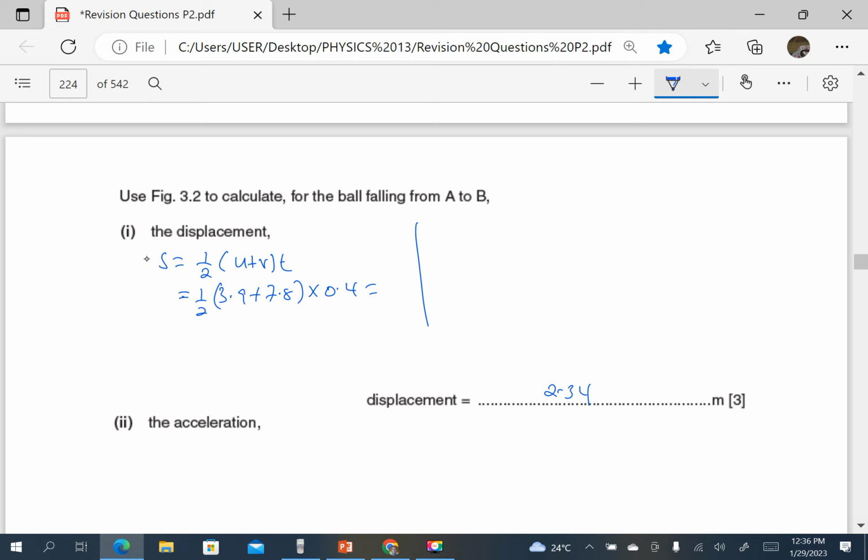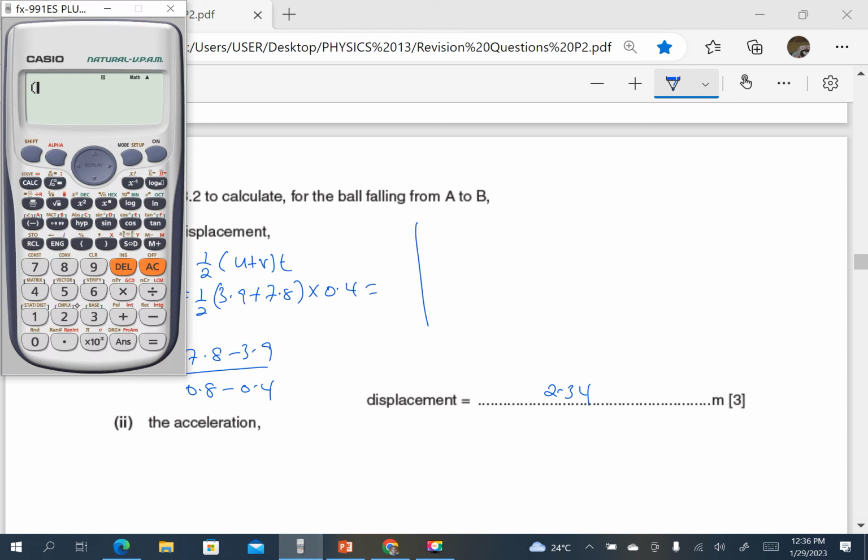Alternatively, acceleration is equal to the gradient, which is 7.8 minus 3.9 divided by 0.8 minus 0.4 from the graph. So open bracket, 7.8 minus 3.9, divide by, open another one, 0.8 minus 0.4.